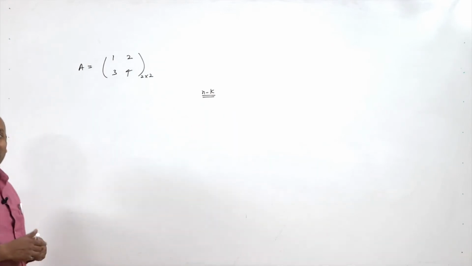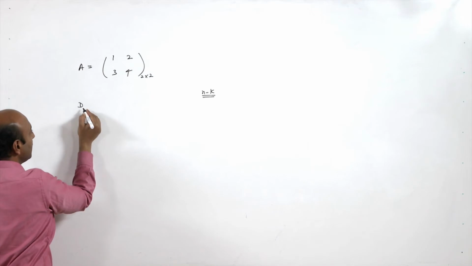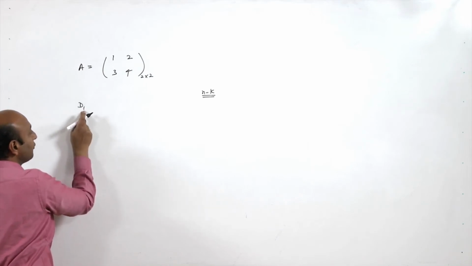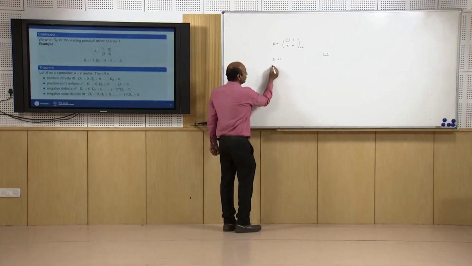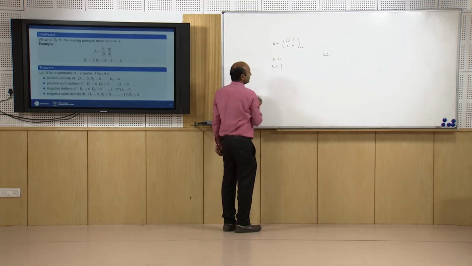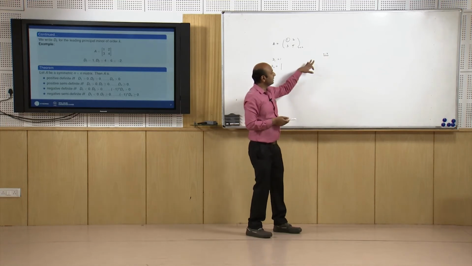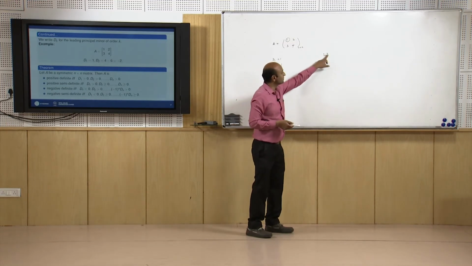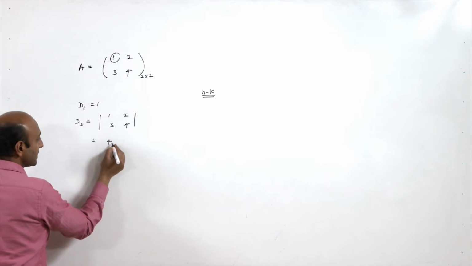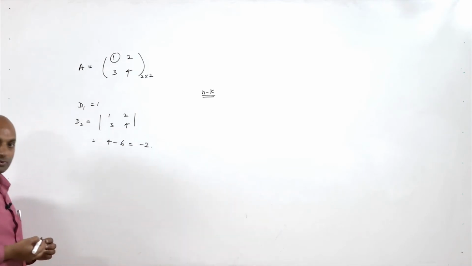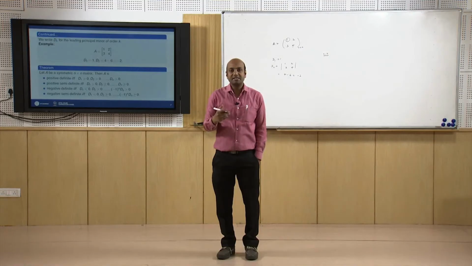So, you delete the last one row and one column, and you are left with D1, the principal minor of order 1, which is 1, this element. Now, D2 is simply the determinant of the full matrix, since 2 minus 2 is 0 and you do not delete any rows and columns. That is the matrix 1, 2, 3, 4, and its determinant is 4 minus 6, which is minus 2.